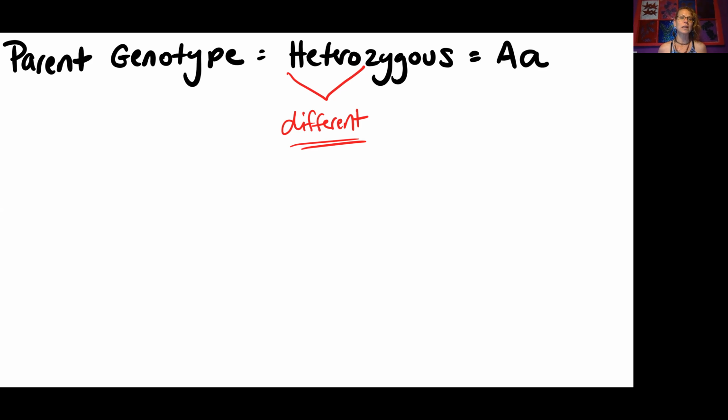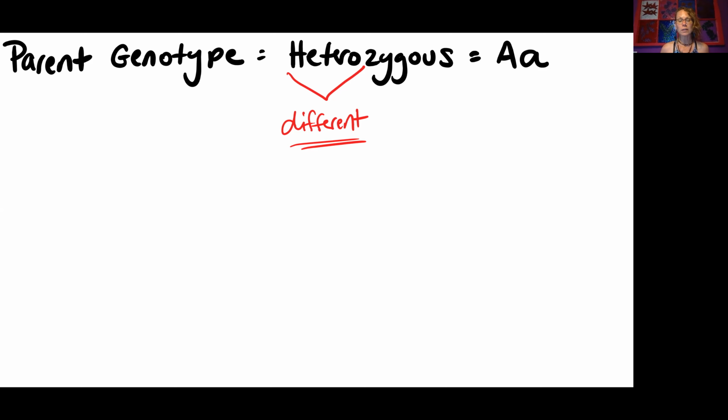And so that means we're going to give them both a dominant and a recessive allele. And our lab manual just has us assign the letter A for the gene for corn color. So the capital A is the dominant allele, which in this case is purple color, and the lowercase a is the recessive allele, which in this case is yellow kernel color. Now both of our parents are going to be heterozygous.